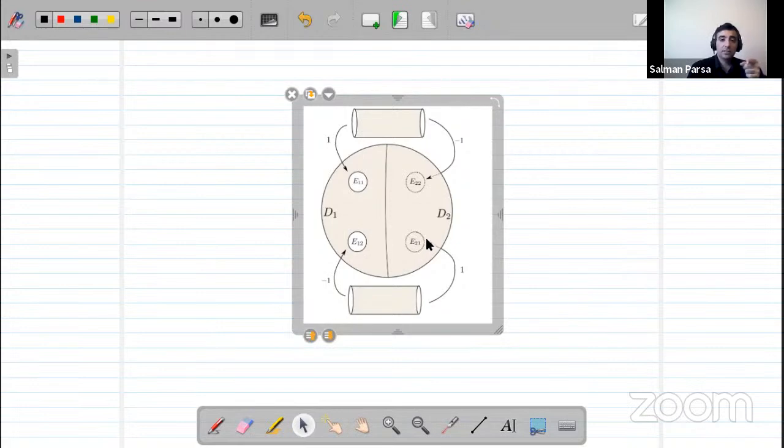The Smith class of this is non-zero modulo 2. So this is a sphere, essentially, when you remove two pairs of antipodal points, and then you attach these handles. One of them you attach in one hole with degree 1, and the other one with degree -1.